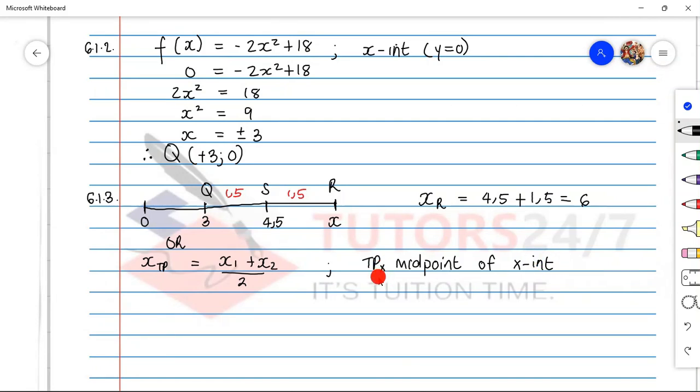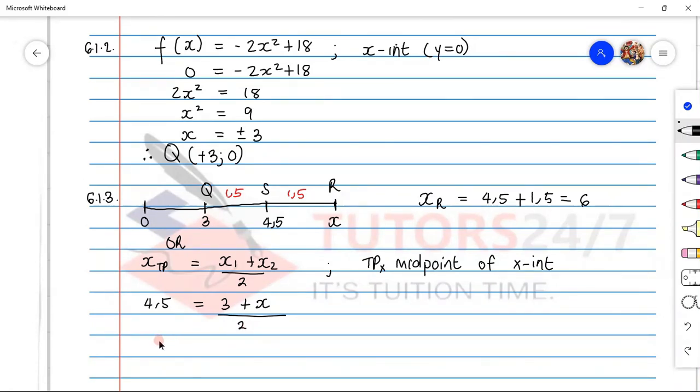More specifically, the x value of our turning point. Now, we know that the x value of our turning point, which is S, is 4.5. We know that our first x-intercept, let's call it Q, is 3. Our second x-intercept is unknown, and that is divided by 2.